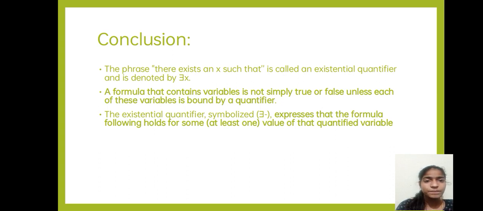The existential quantifier, symbolized by reversed E, expresses that the formula following holds for some, at least one, value of that quantified variable. So it only specifies some of them, not all. If it is for all, it is the universal quantifier. If it is some of them, then it is the existential quantifier.